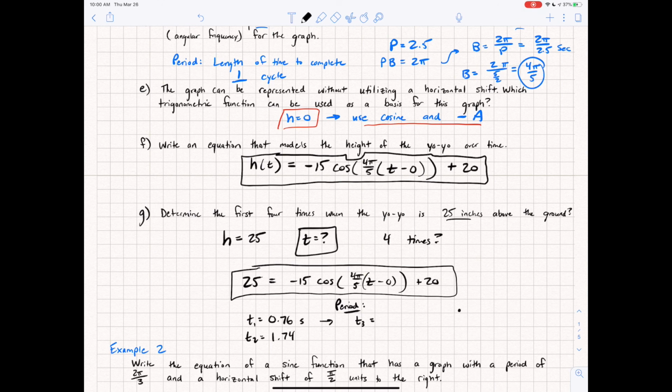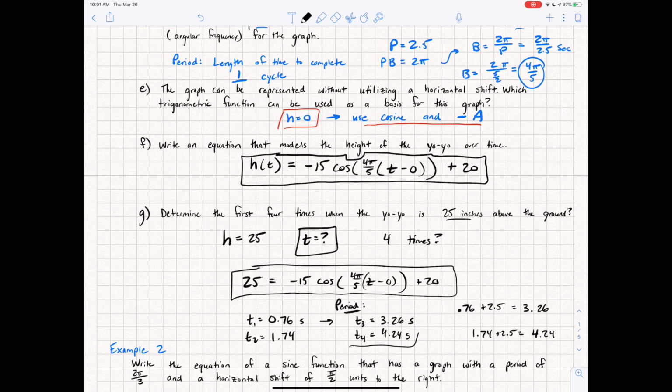So if I go 0.76 plus 2.5, I get 3.26. If I go through and I add 2.5 to 1.74, I get 4.24.